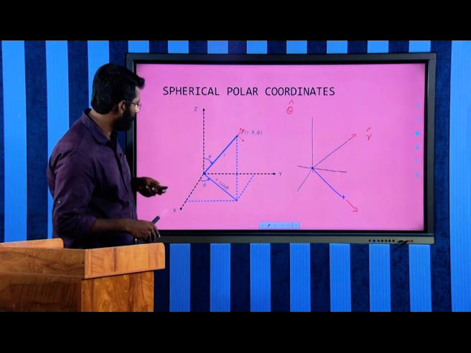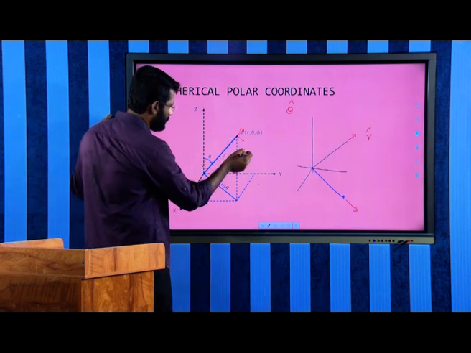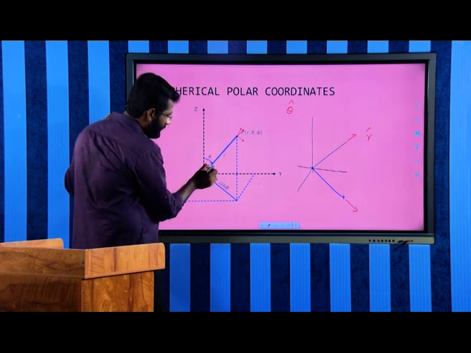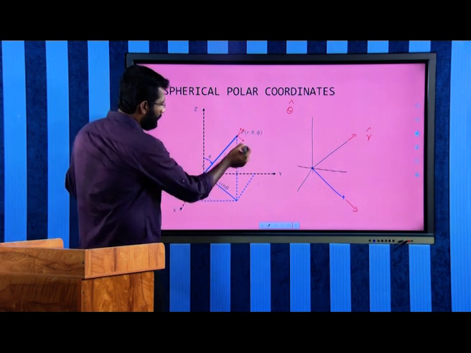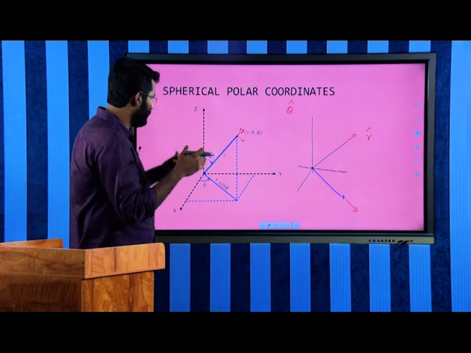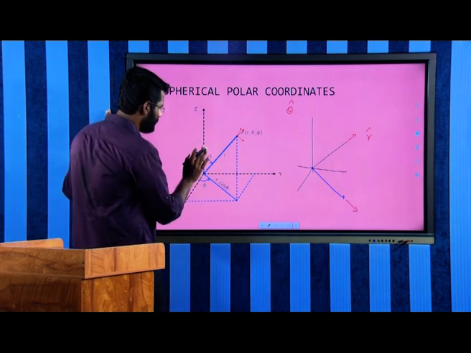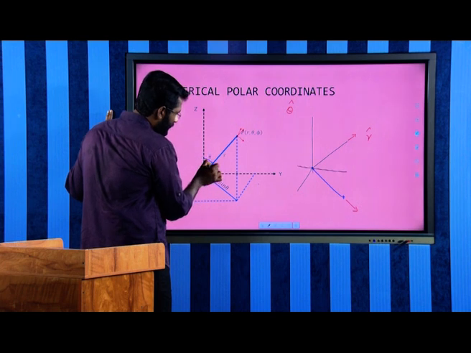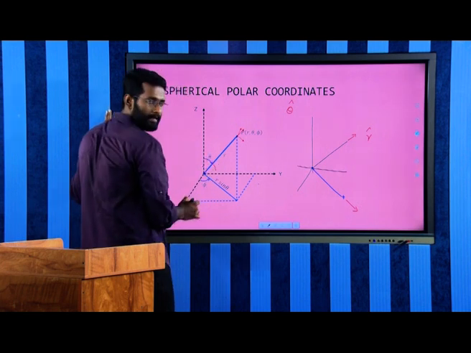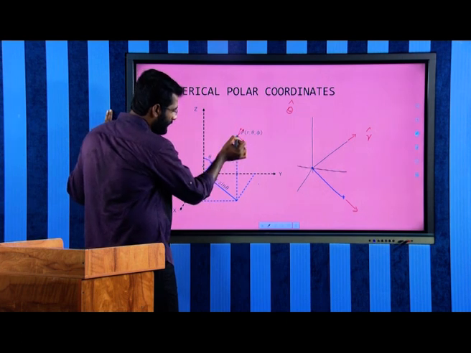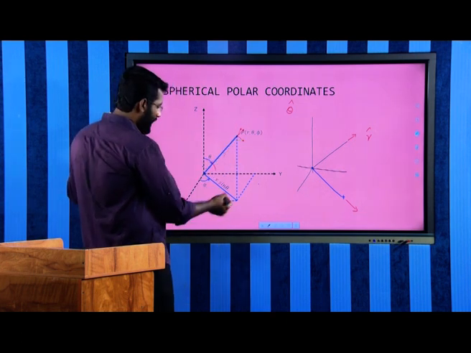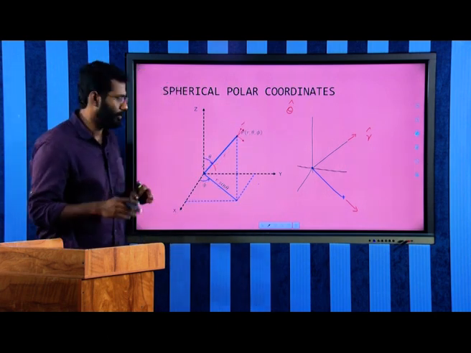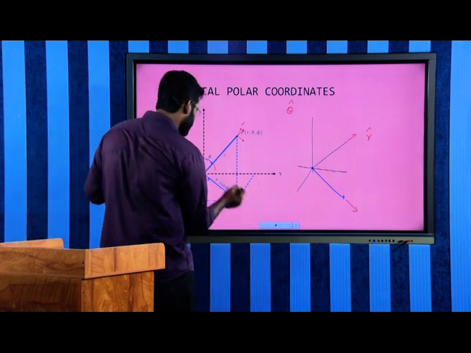Now if I increase theta by d theta, I will explain it later on a better slide with a better animation. Just bear in mind that here it is theta, and theta is increasing in this direction. If I increase theta by an amount, this will be the direction of theta cap, and for r sin theta, when phi is increased, this will be the direction of phi cap. We will get back to it later with a better animation.